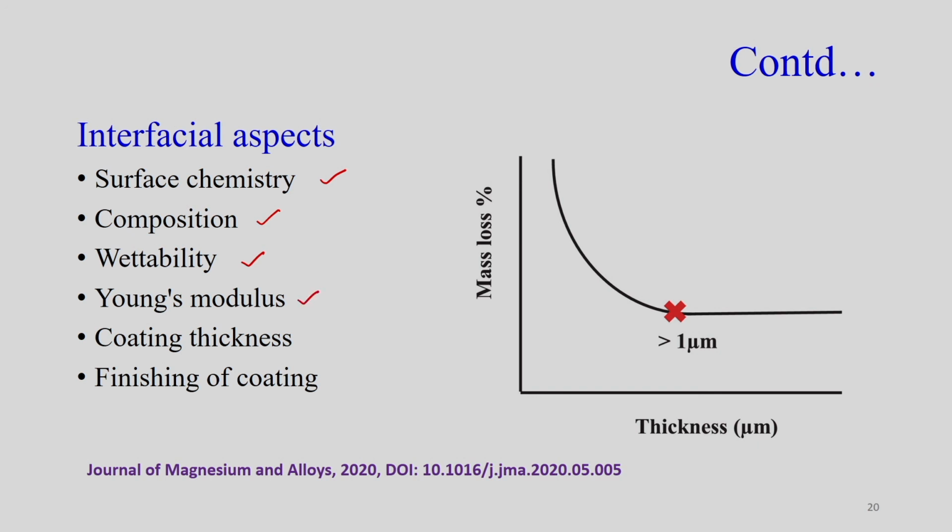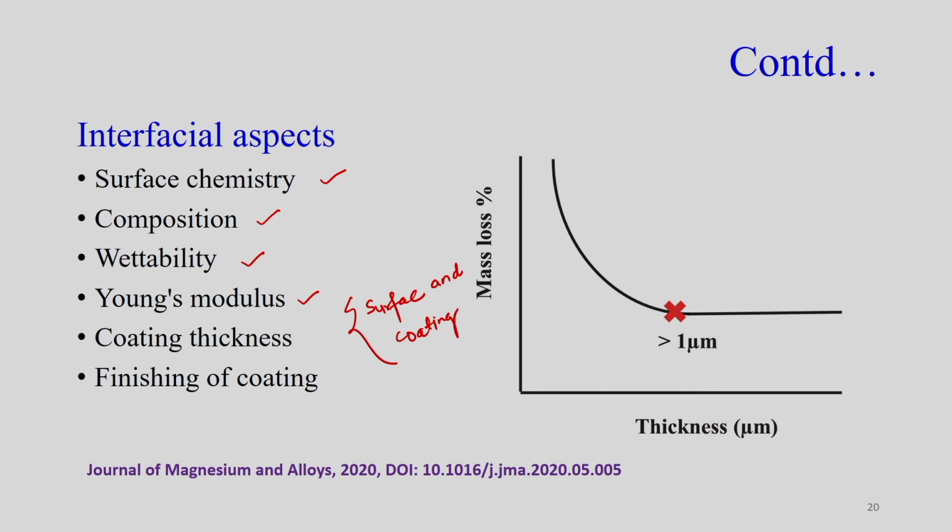Also, sometimes a difference in the Young's modulus of the surface and coating matters. Whatever we are coating, if there is a difference, we do not get the desired adhesion of the surface and coating. In that case also it may affect the corrosion behavior.